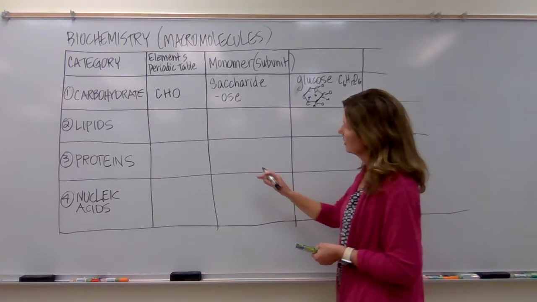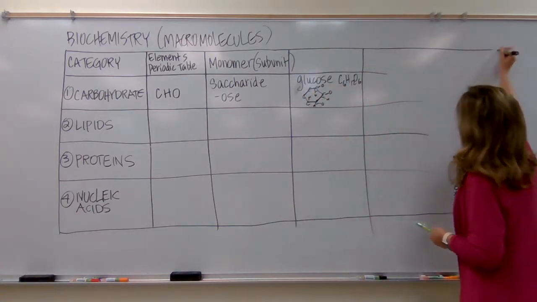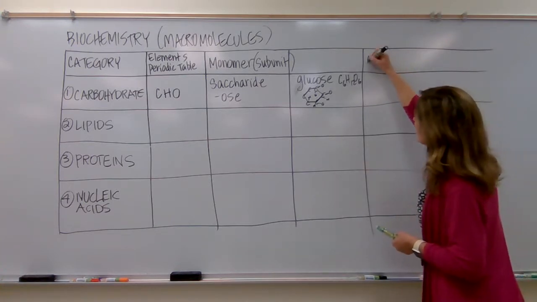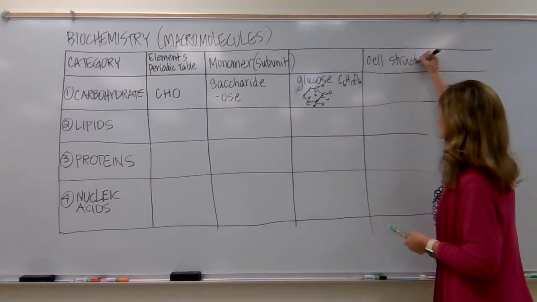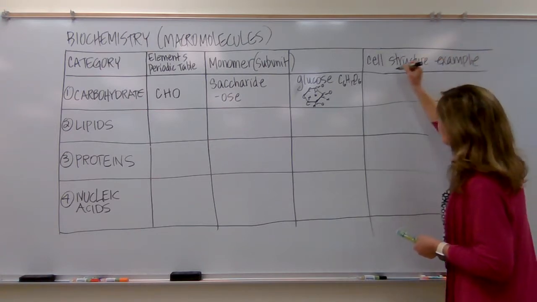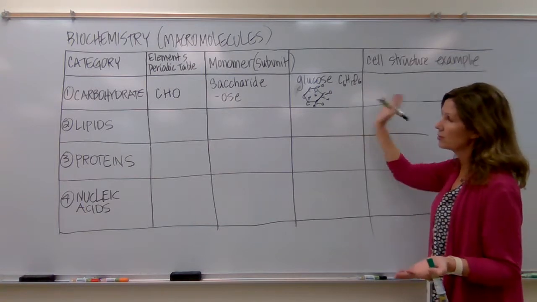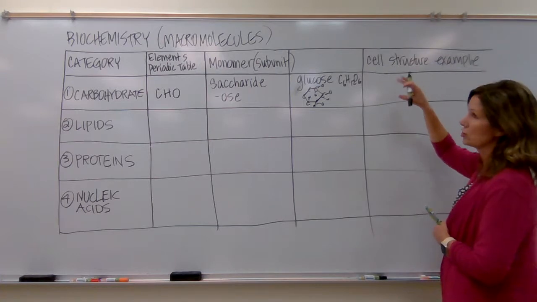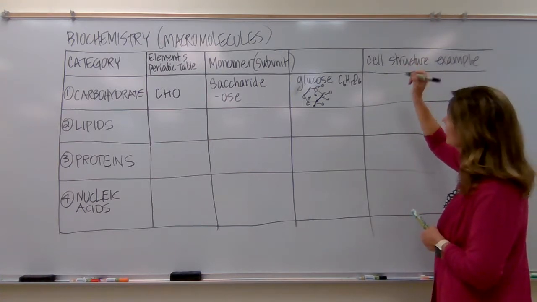All right. We will then look at what kind of cell structure is going to be made up of carbohydrates. So we'll have cell structure example. I'm not going to ask for just a molecule that you'll find in the cell. Yes, glucose is going to be used as food, but I want to hear what structure is actually composed of a carbohydrate, because there are plenty of them.